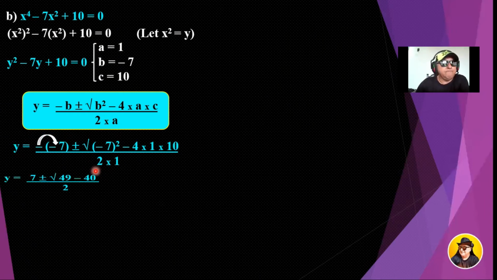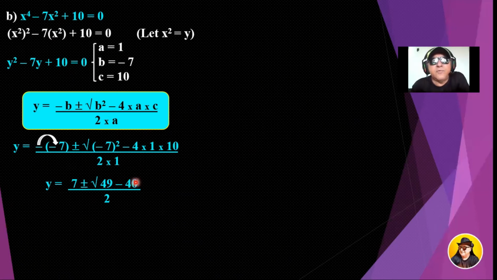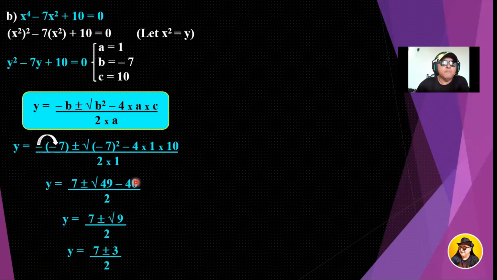So y is 7 plus or minus root of, well, minus 7 squared is 49, and 4 times 1 times 10 is 40. Now, 49 minus 40 is 9. And what are the roots of 9? The roots of 9 are plus or minus 3.